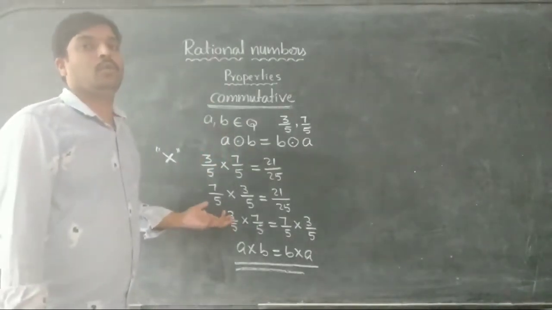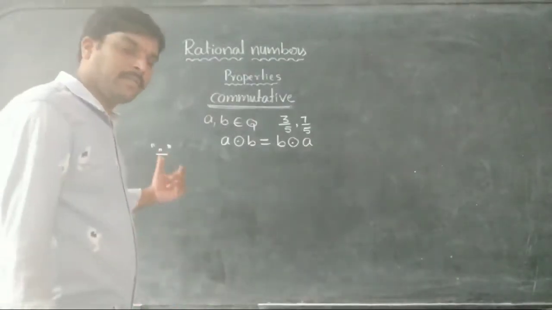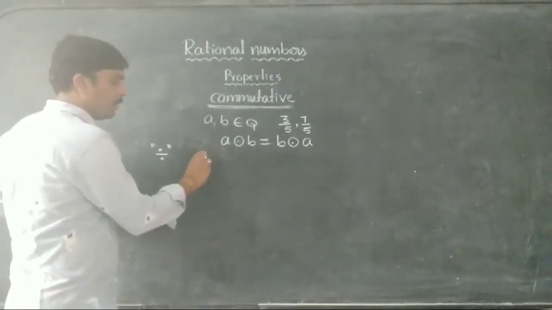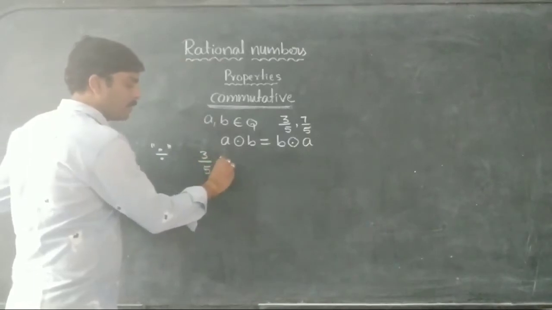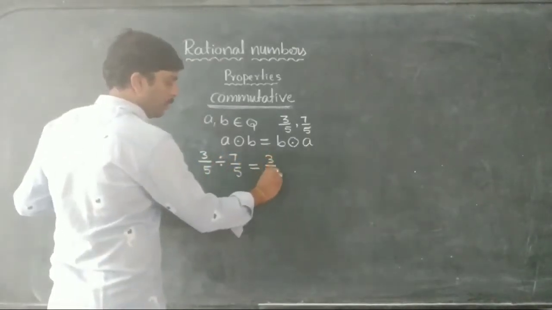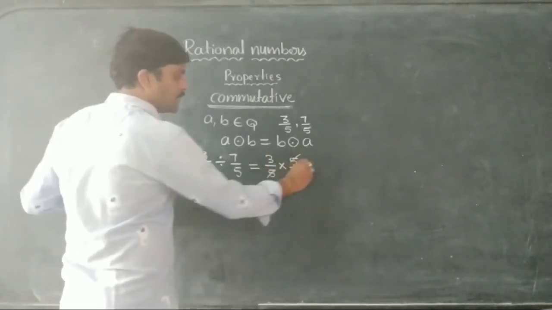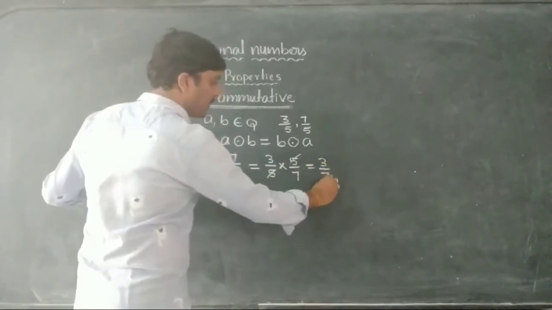Next, check division. 3 by 5 divided by 7 by 5 is equal to 3 by 5 into 5 by 7. 5 cancels, and we get 3 by 7.